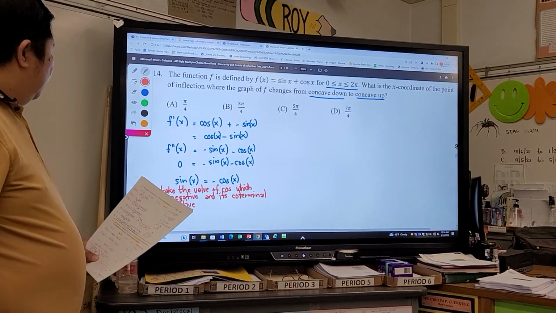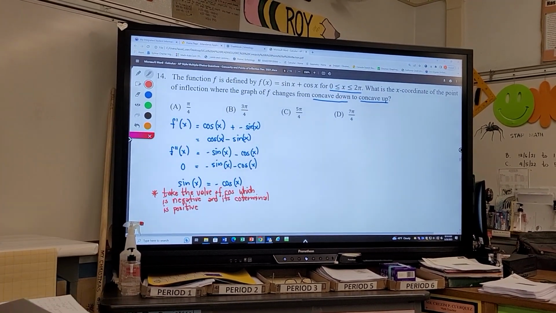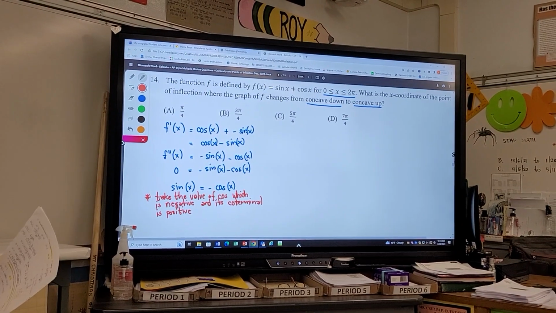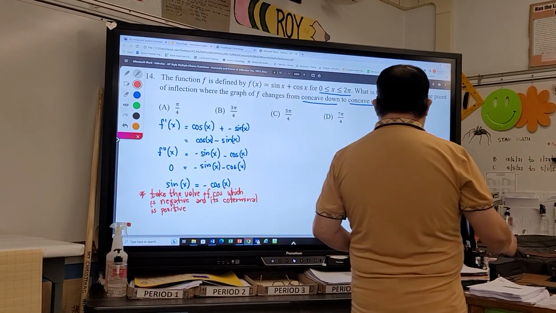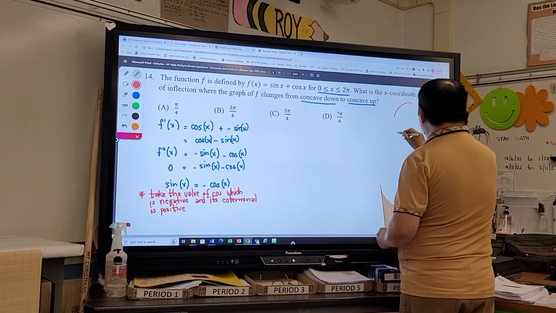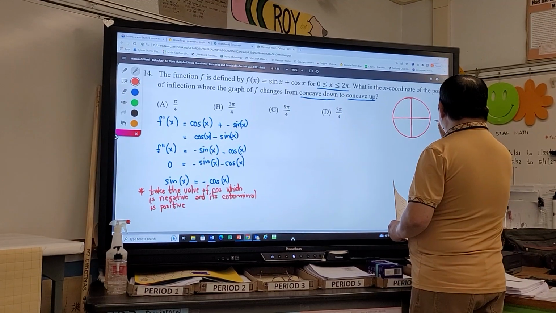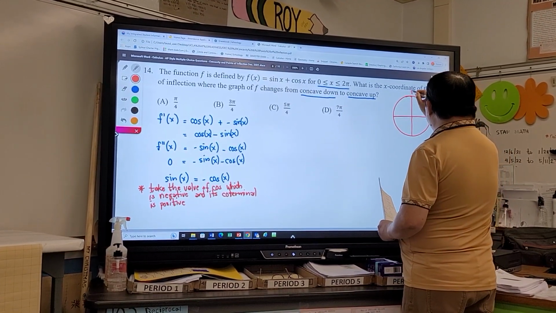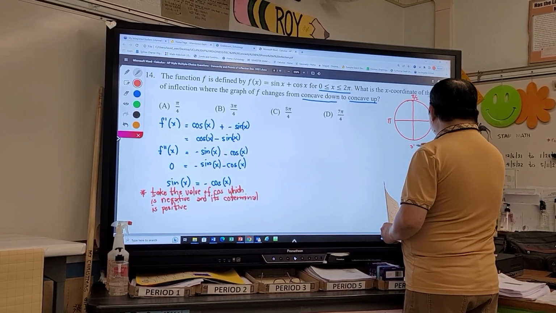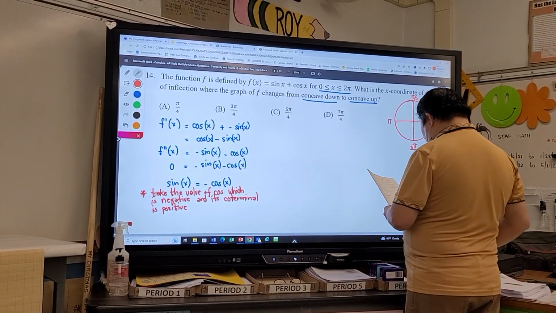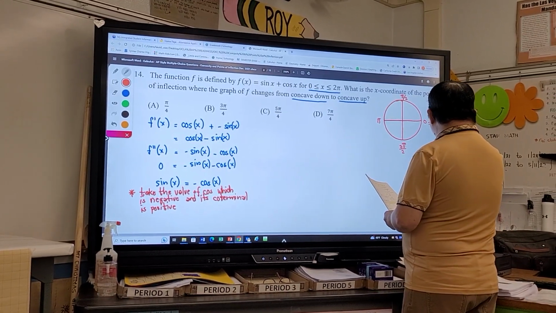Take the value of cosine, which is negative, and its coterminal is positive. So I'm going to draw a circle right here. This is 0, pi over 2, pi, 3 pi over 2, and of course 2 pi.